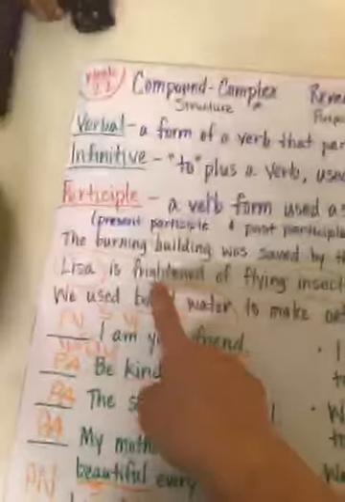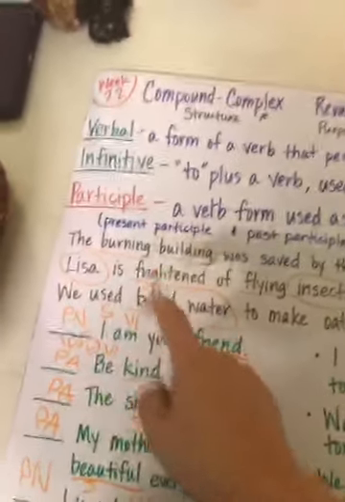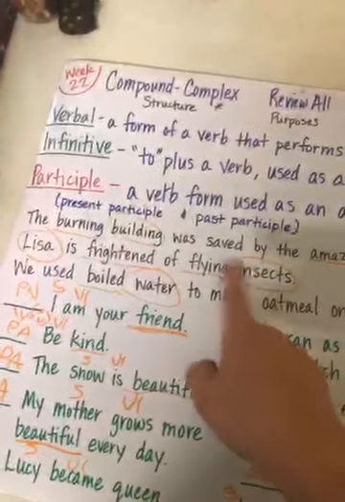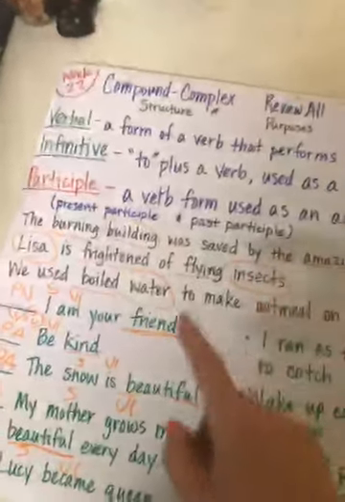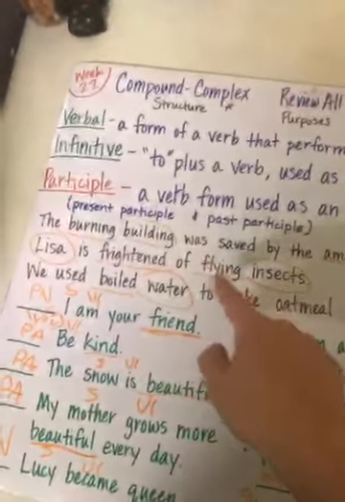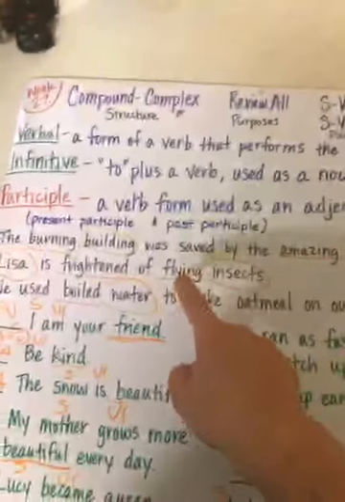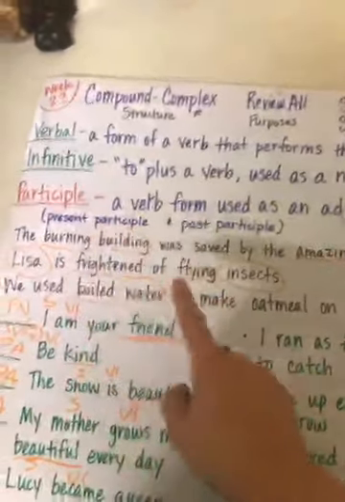Which Lisa, the frightened Lisa versus the non-frightened Lisa. Which insects, not the spiders, the flying insects. So, depending on what question that answers tells us how it's being used as an adjective. So it's going to answer an adjective question. And then what it's modifying is what we circled. So y'all did really good today on all of that.